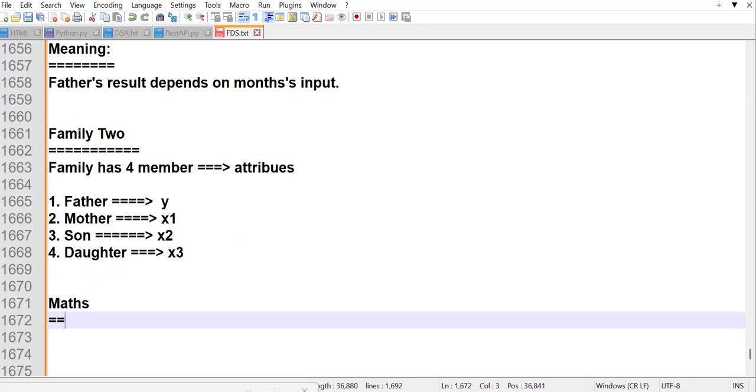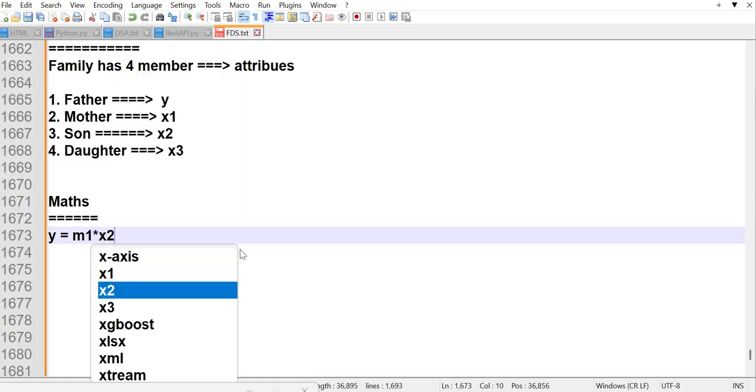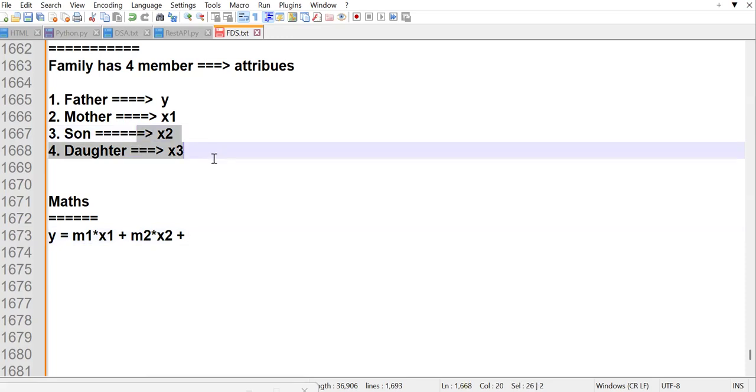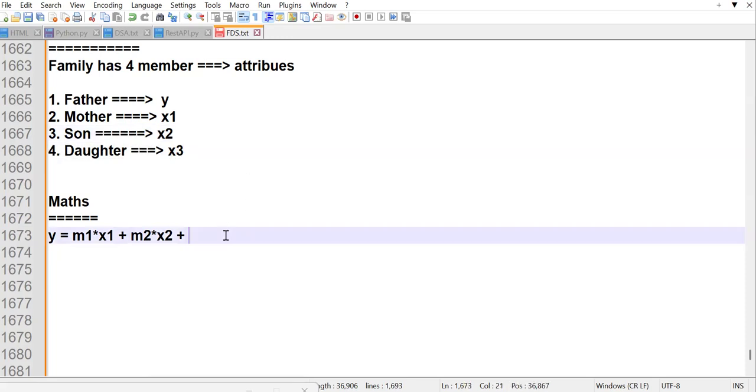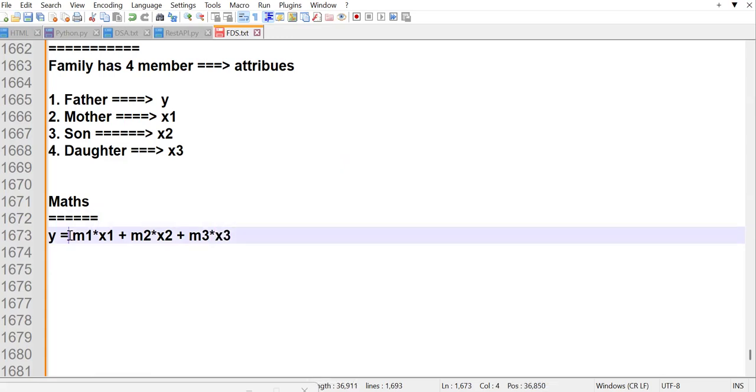You will write y equals to m1x1 plus m2x2 plus, because we have three independent variables now, m3x3. So this is how you will write the math equation.